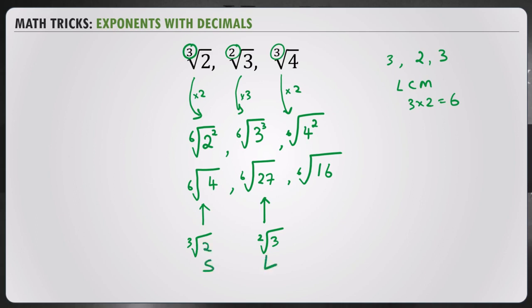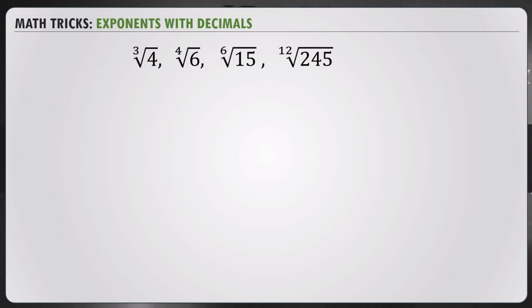Largest and smallest. I hope this makes it easy for you to solve this pattern of problems. Let's do another one just for practice. Here we have the 3rd root of 4, the 4th root of 6, the 6th root of 15, and the 12th root of 245. First step we learned is to find the LCM of 3, 4, 6 and 12.